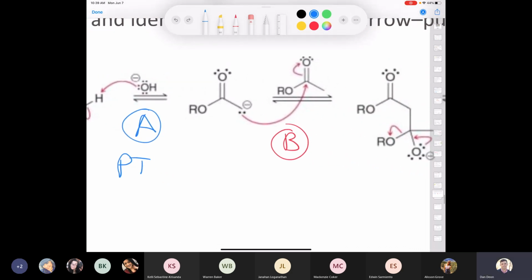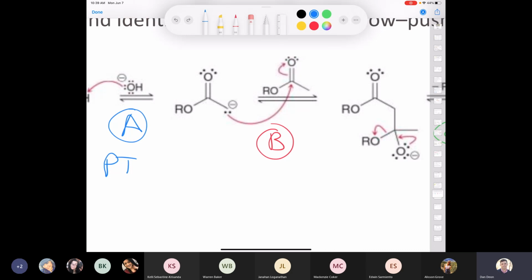What about the second one? Could anybody describe what's happening in the second one? What do you think's happening in the second one?